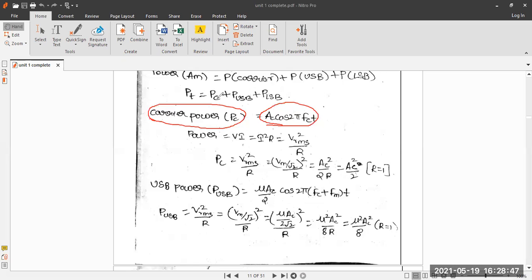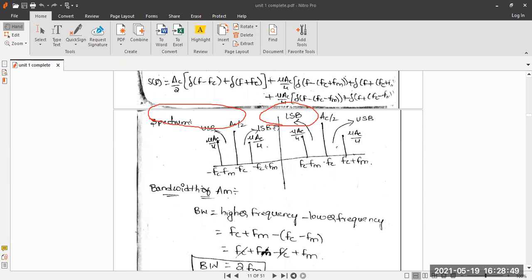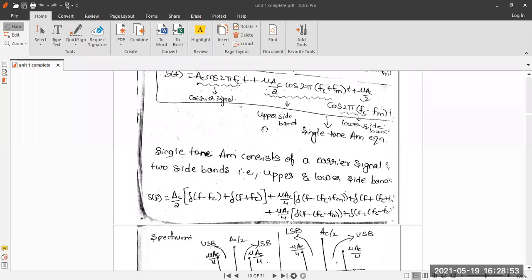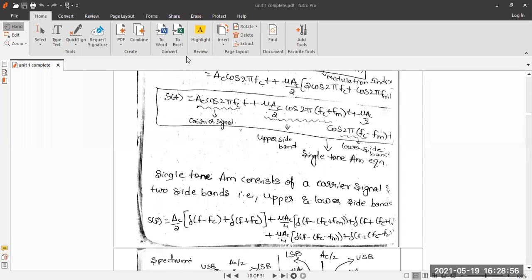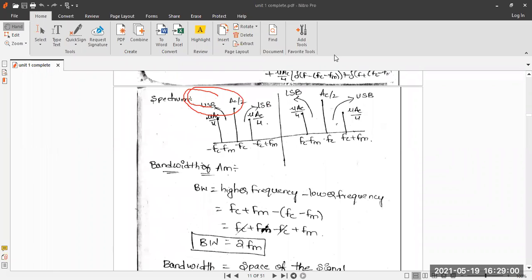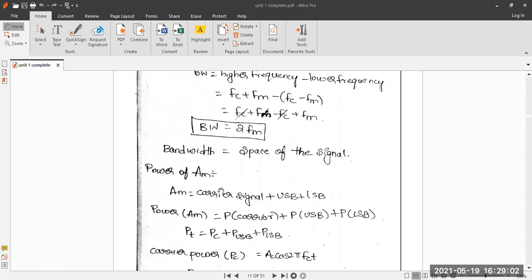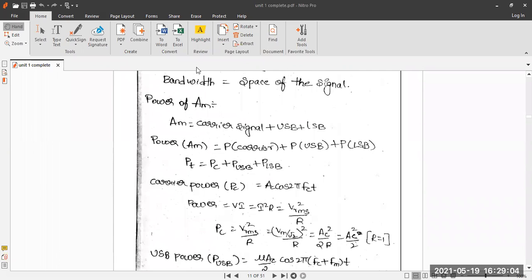So see here, equation of carrier is this, right? Carrier equation. So carrier signal and carrier equation. So to calculate the power of carrier, we have to know about the signal AC cos 2 pi fc t. This is the signal of carrier. So what is the formula for power?